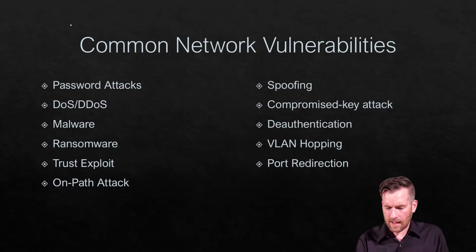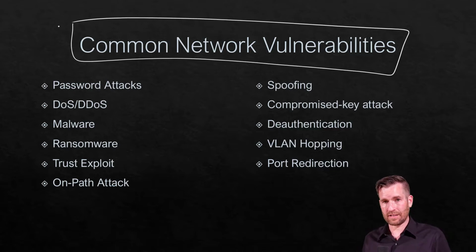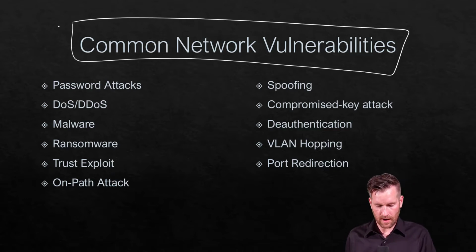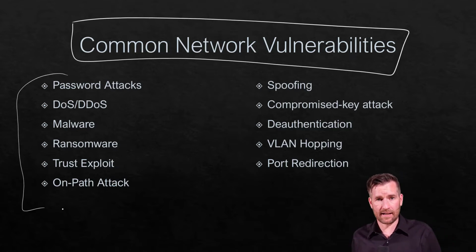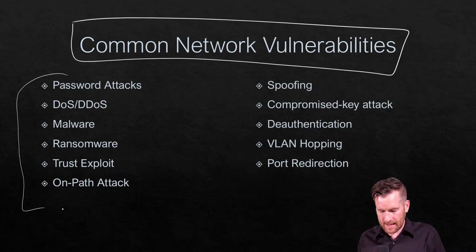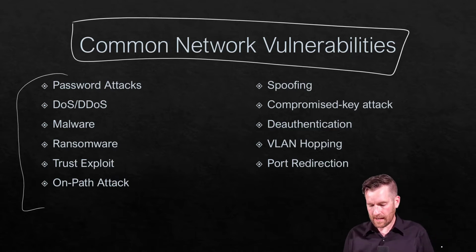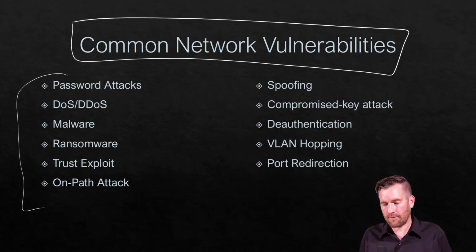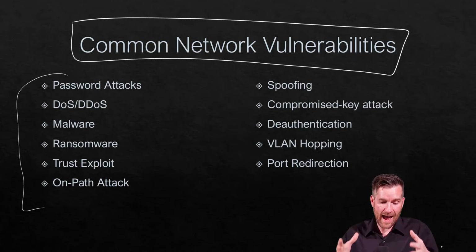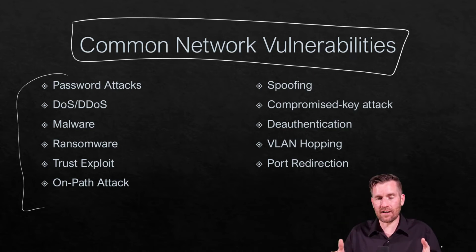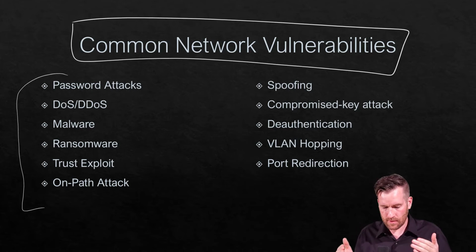We talked about a lot of different network vulnerabilities, common network vulnerabilities. So it included things like password attacks, denial of service, distributed denial of service, malware, ransomware, trust exploits, on-path attacks, spoofing, compromised key attacks, de-authentication, VLAN hopping, port redirection, and a few more. And so there's a lot of different ways that hackers can hack your network or take advantage of weaknesses within technologies and weaknesses within protocols.